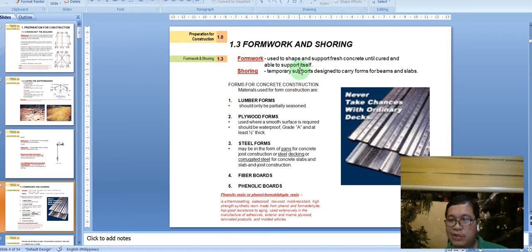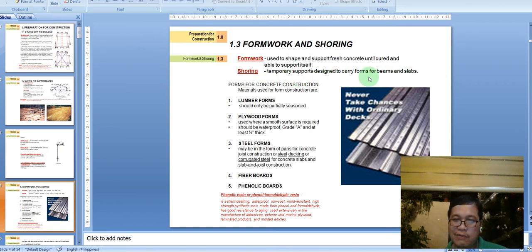So when you go to construction sites and you see plywood or plyboards, that's where your concrete will be filled to a certain shape. And your shoring is the temporary support to carry forms for beams and slabs.